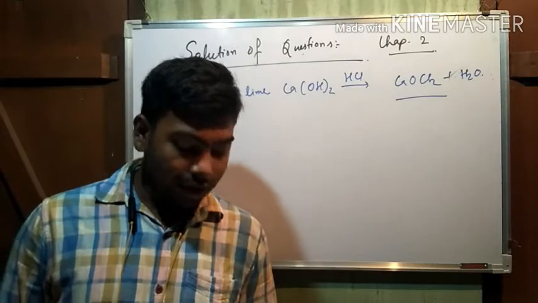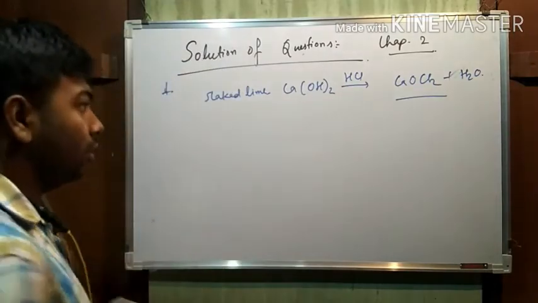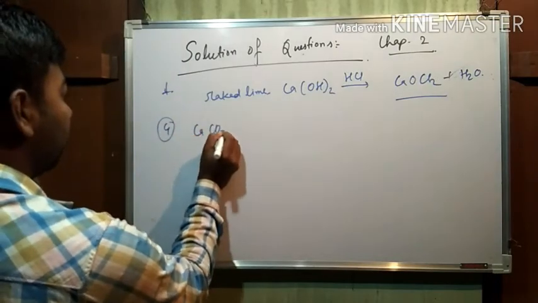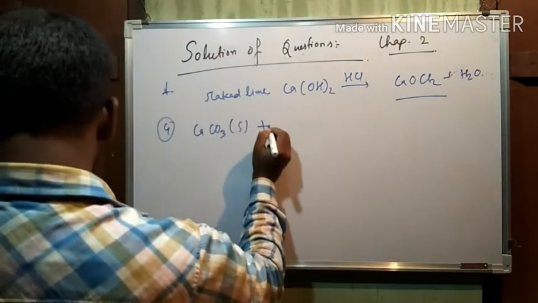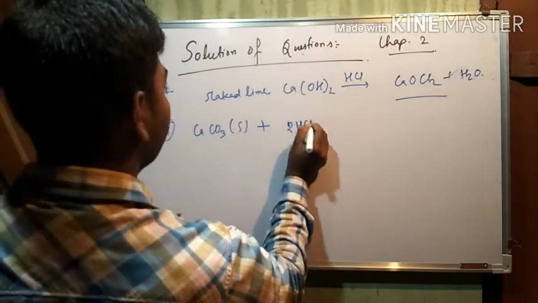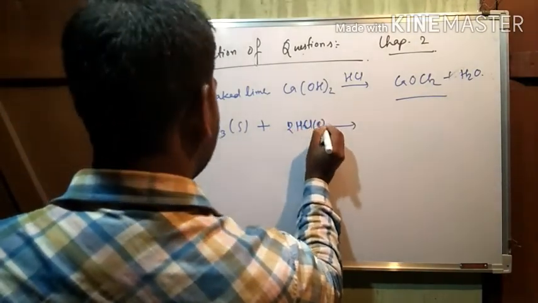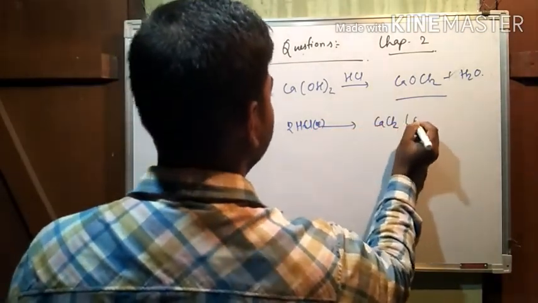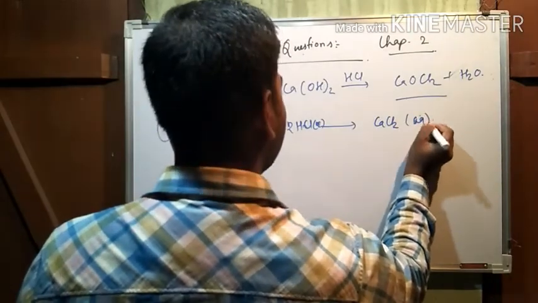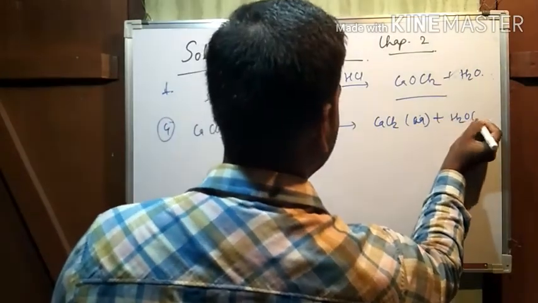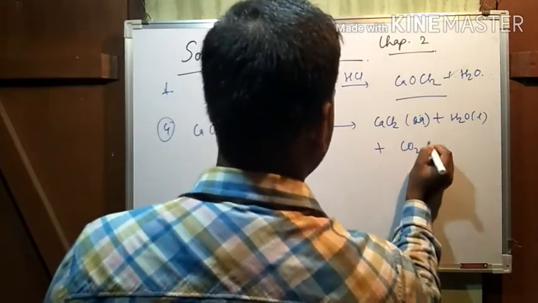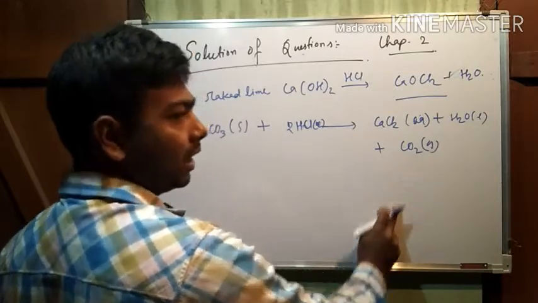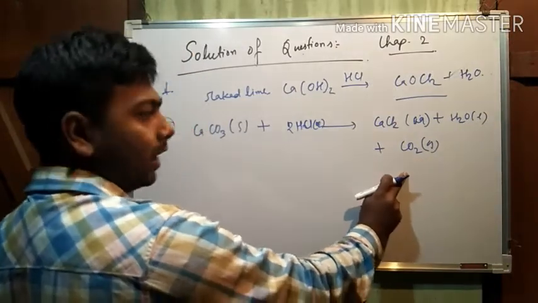The reaction is calcium carbonate solid plus 2 moles of HCl aqueous gives CaCl2, that means calcium chloride, plus H2O liquid plus CO2 gas. This carbon dioxide is evolved as effervescence, that means the evolution of the gas.